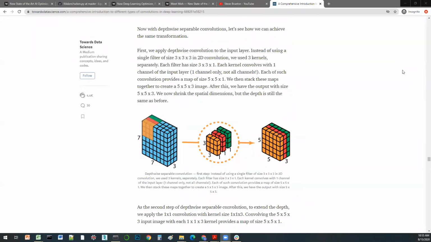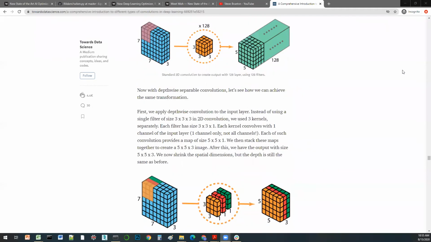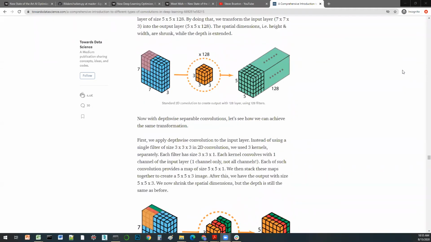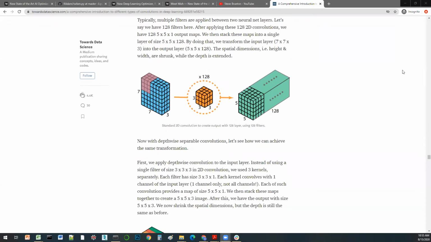I think that's also why they have this 1 by 1 convolution at the end of the depth-wise separable convolution. They normally pass those 3 channels concatenated. No, I think the figure below will be more clear.